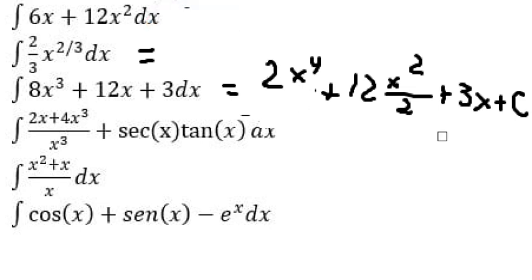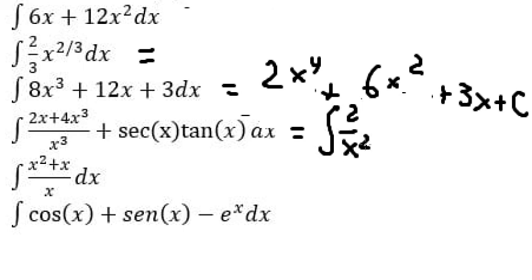Twelve divided by 2, you get 6. And this is the answer. Now let's go to the next one. 2s divided by s to the power of 3, you get s squared. This one you get 4.